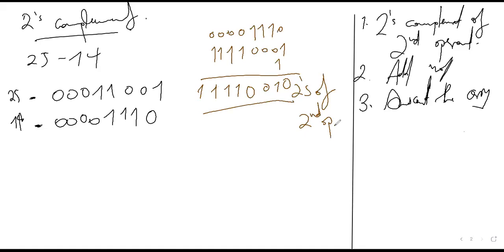Right. After you find the 2's complement of the second operand, you move on to add the 2 numbers. So we are now adding these 2 numbers.